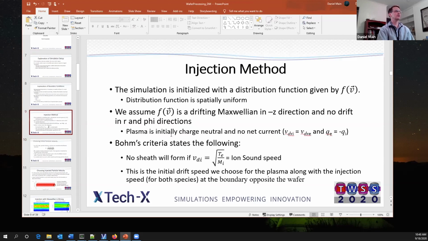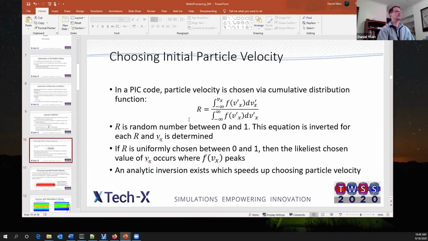Okay, so back to this initialization method. Again, we've injected these particles with the ion sound speed. Let me give you a brief overview of how the initial particle of each species is chosen in a PIC code.